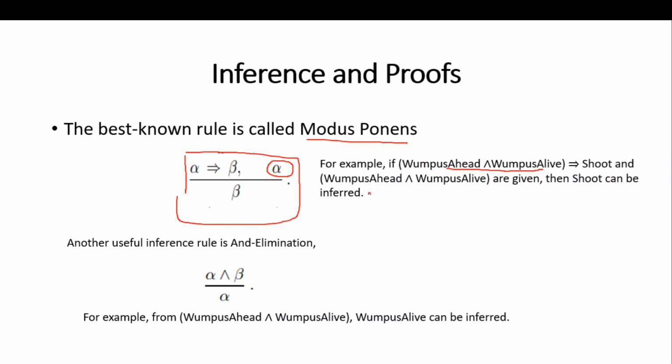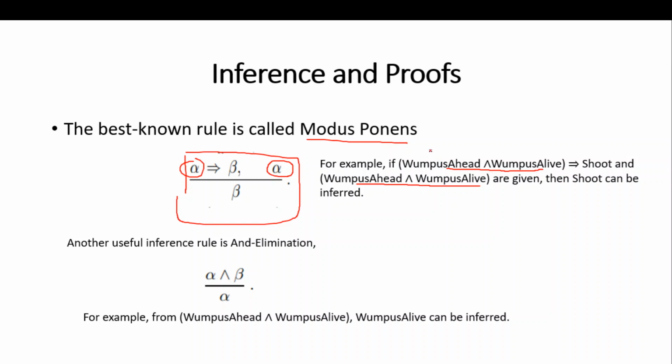Now if Wumpus ahead and Wumpus alive is given, that is, if alpha is given, then beta can be inferred. That is what modus ponens says. If there is a rule that says alpha implies beta, and alpha is true, then automatically we can infer beta.